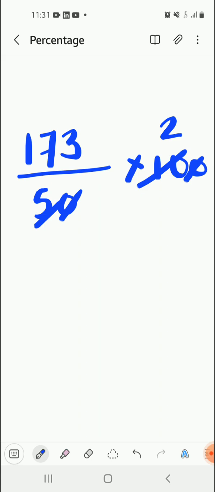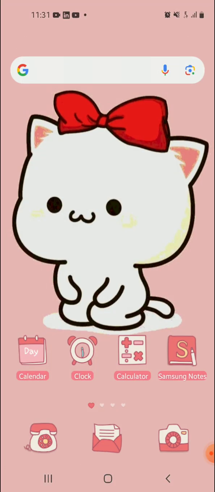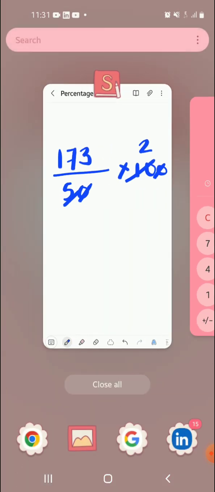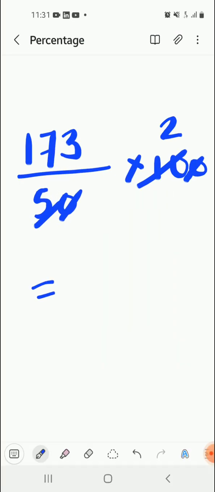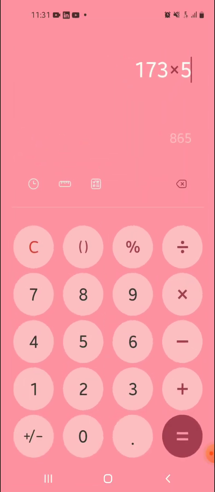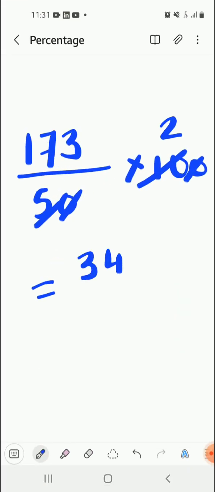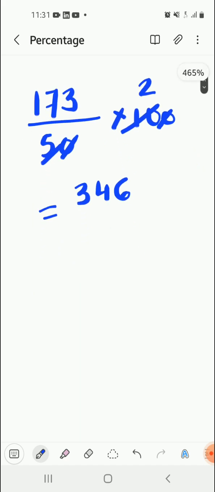Now we have 173 into 5, so it is 865. Now 173 into 2, so it is 346. So this is this simple.